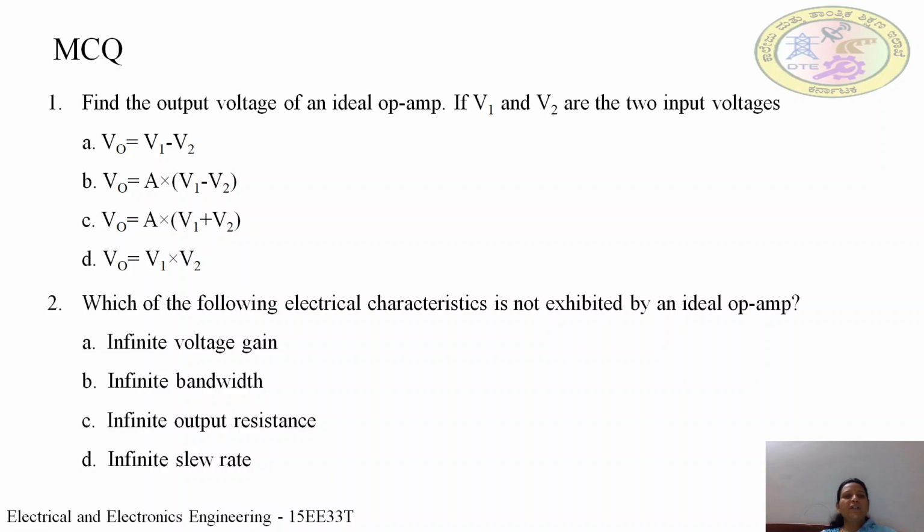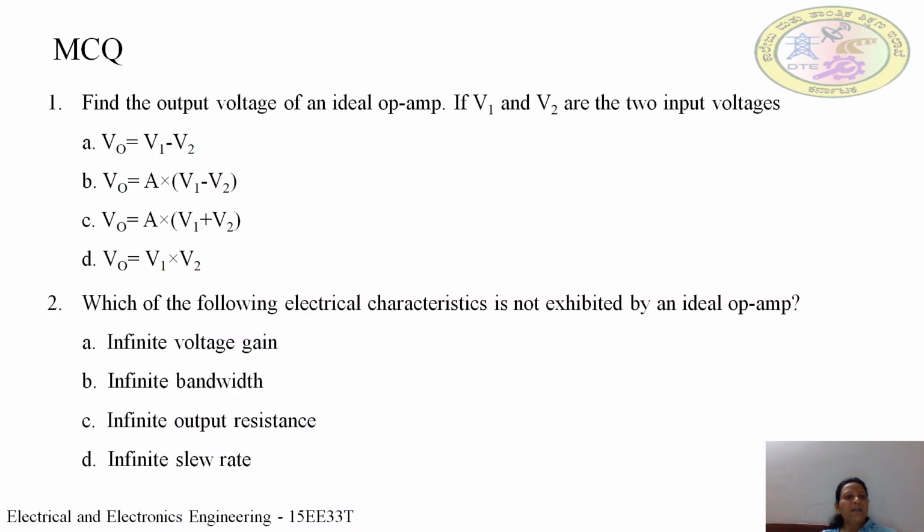The first question is, find the output voltage of an ideal operational amplifier if V1 and V2 are the two input voltages applied at the inverting and non-inverting terminals. What would be the output voltage?